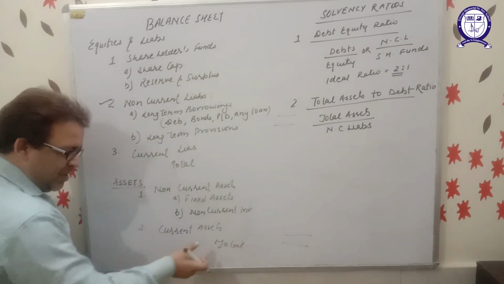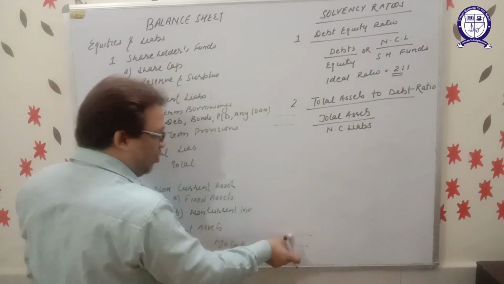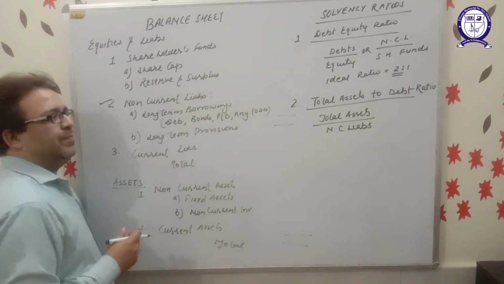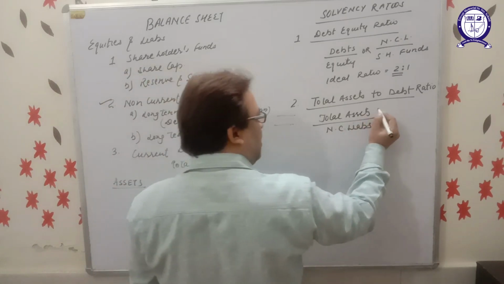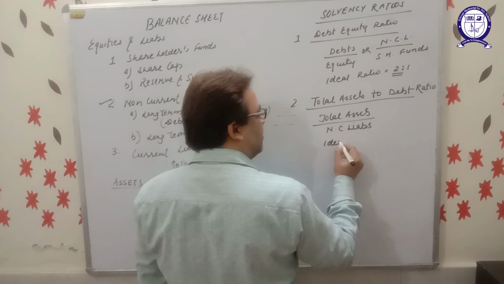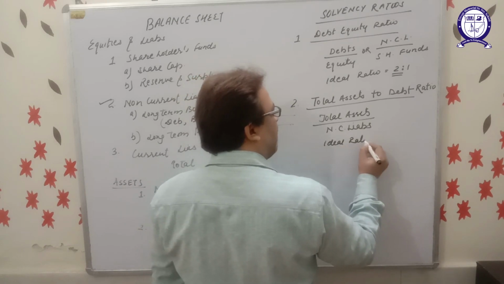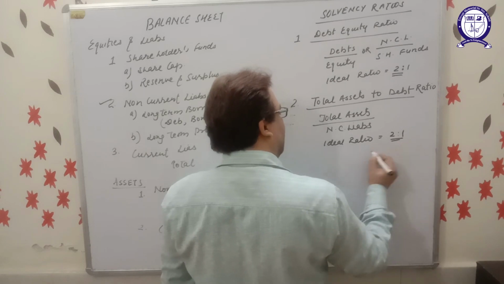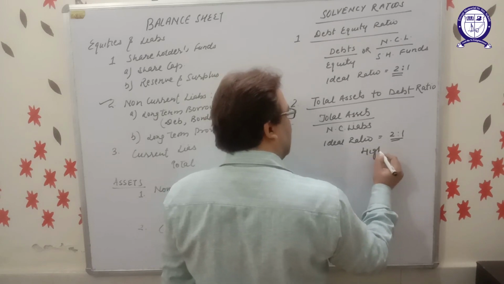Total assets means the asset side total, and non-current liabilities are given. So total assets divided by non-current liabilities. Ideal ratio is 2:1, but it should be more than 2:1 always. Higher is good.